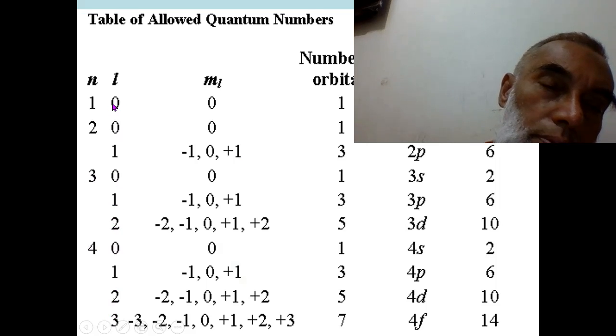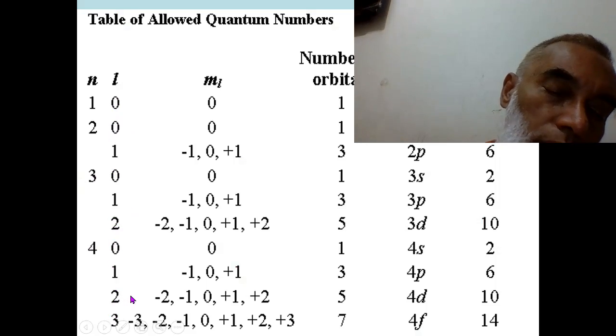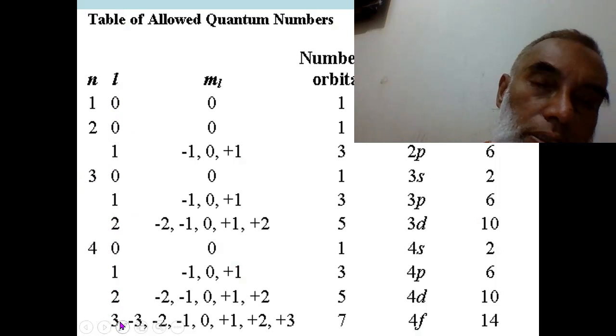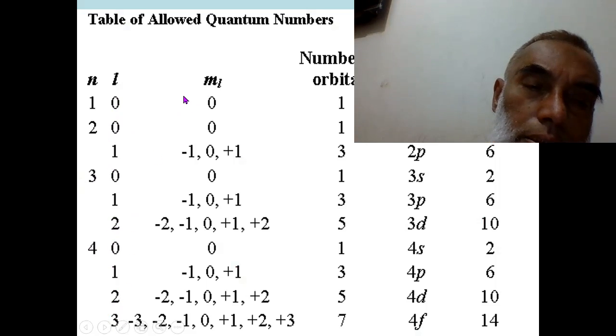And azimuthal quantum number 0 corresponds to s orbital, 1 to p orbital, 2 to d orbital, and 3 to f orbital.